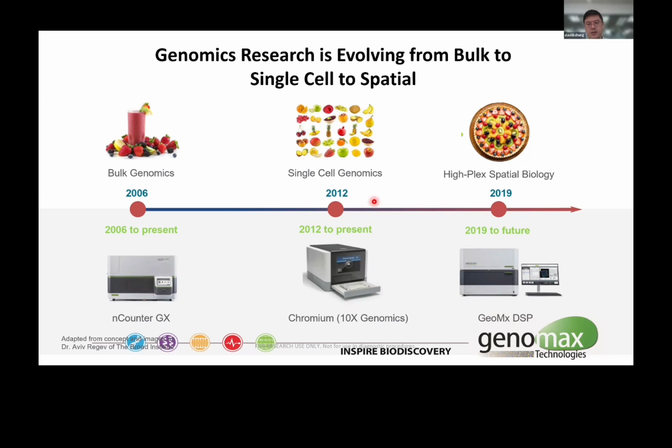Which is why 5 years ago, the trend started to move into spatial biology. By doing spatial biology, not only do you know the relative abundance of different fruits in your sample, but also how they are spatially arranged in a biological sense when they collect the tissue section.